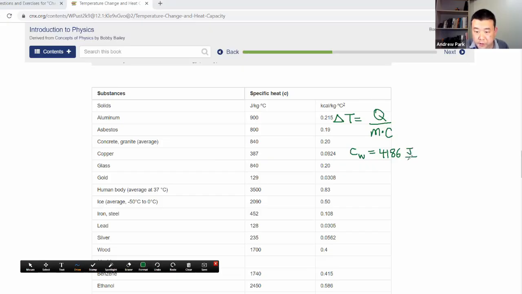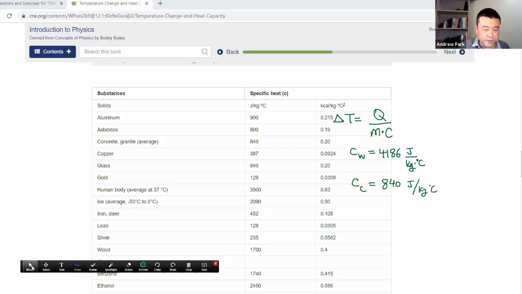So joule per kilogram times degrees C. All right. Concrete was, I think, one of the other substances. So that's 840. So specific heat of concrete is equal to 840, same units, joule per kilogram degrees C.